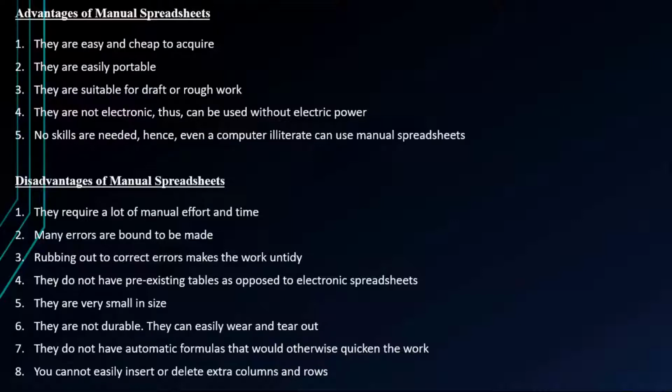After using them, you close the computer, you save it, you're done. But in a manual book, these columns and rows don't pre-exist. By pre-existing, I mean you don't buy the book and find them there. You have to draw these lines, these rows and columns, manually by using a ruler and a pen or a pencil.